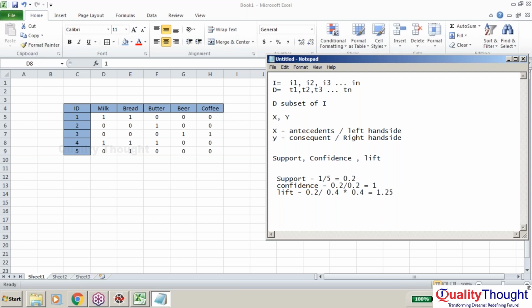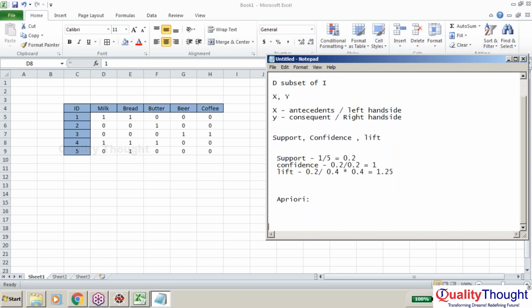Generally these are the things we can clearly understand from association rule learning. In association rule learning, we have two different types of algorithms: one is the apriori algorithm and another one is the eclat algorithm.